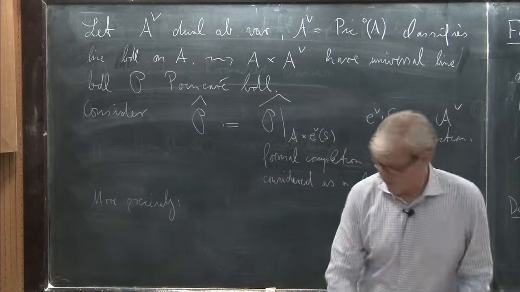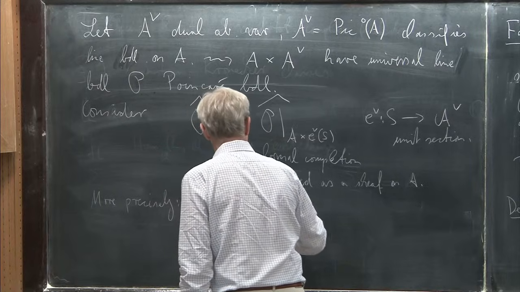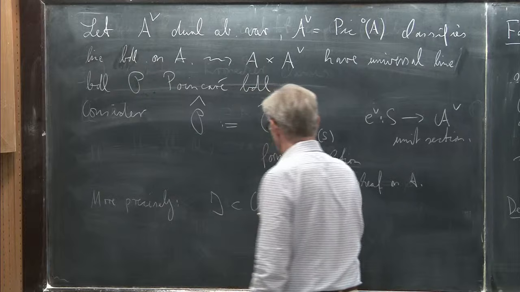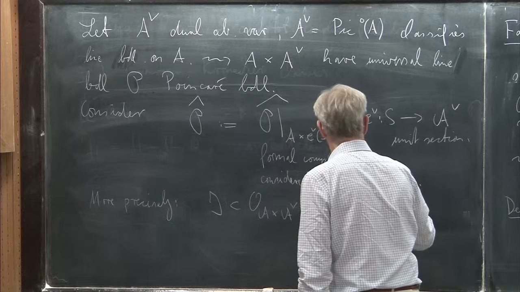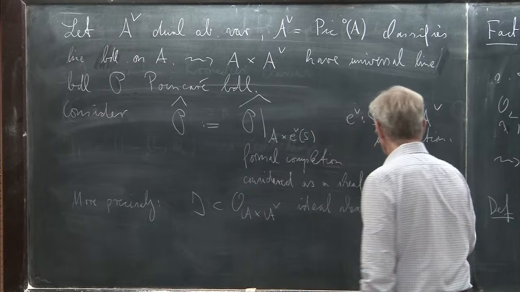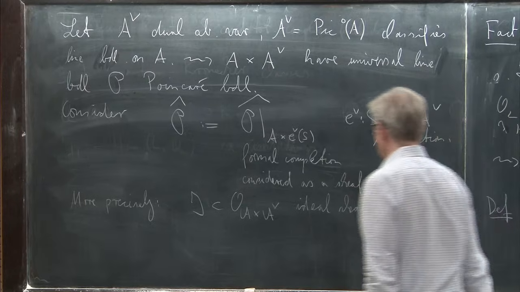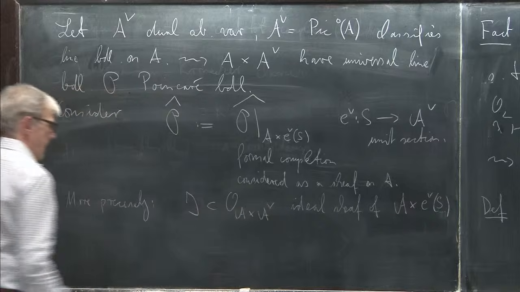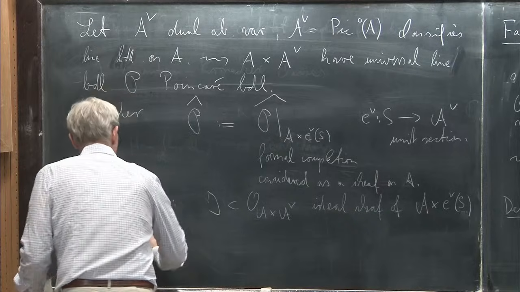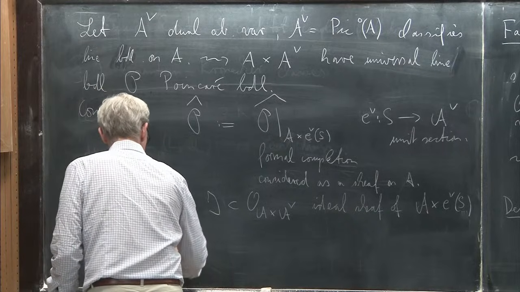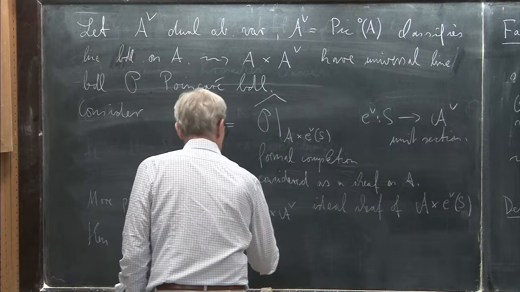So what we do is the following. We let O_{A×A^}, the structure sheaf here. We let J be the ideal sheaf of the closed subset A times e dual S. And then P hat is just the inverse limit over k of the following thing.